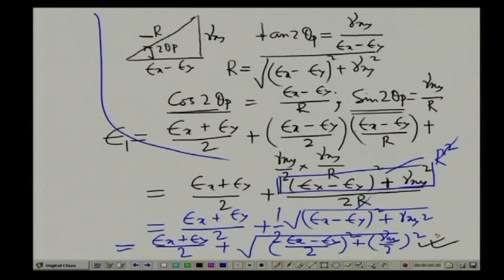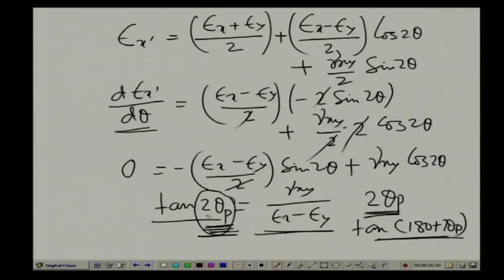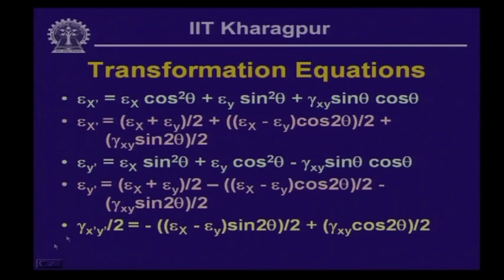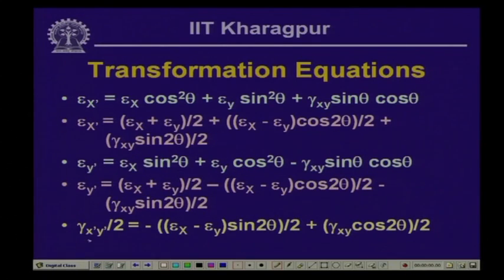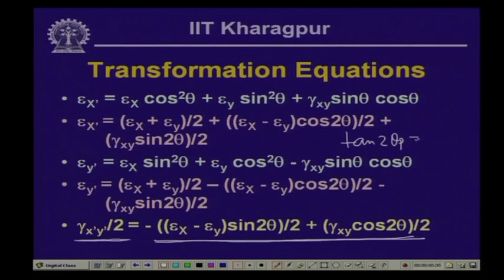Now, if we look into the expression for the shear, the shearing strain gamma x dash y dash is given as this. We have already seen that the angle at which the maximum normal strain occurs is tan of 2 theta p, which is equal to gamma x y by (epsilon x minus epsilon y).